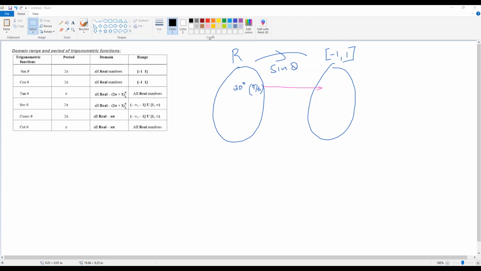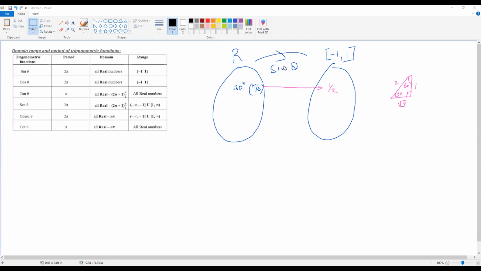What's the value? 1 by 2. If you are not remembering, just use the reference triangle: the 30-60-90 triangle, with sides in the ratio 1 is to √3 is to 2. So sine 30 is opposite side by hypotenuse, 1 by 2.